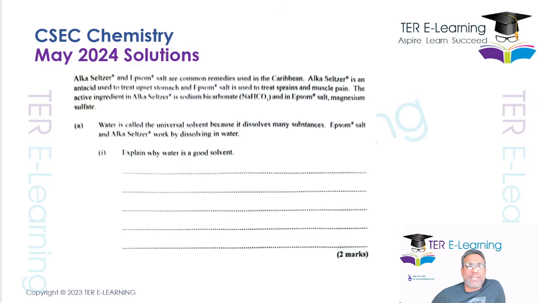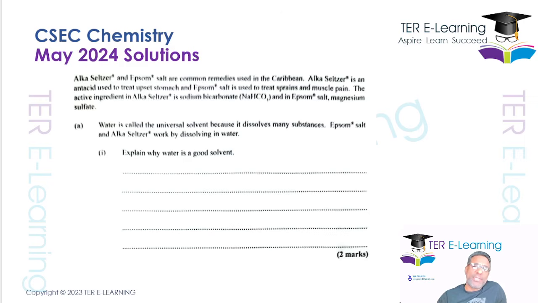And the last question here: Alka-Seltzer and Epsom salts are common remedies in the Caribbean. Alka-Seltzer is an antacid to treat upset stomach, and Epsom salt is used to treat sprains and muscle pain. The active ingredient in Alka-Seltzer is sodium hydrogen carbonate, and in Epsom salt it is magnesium sulfate.